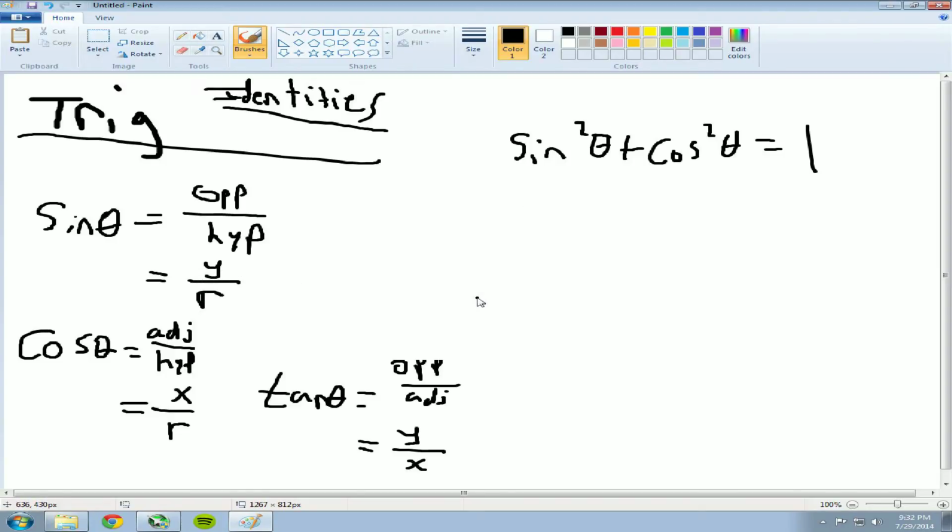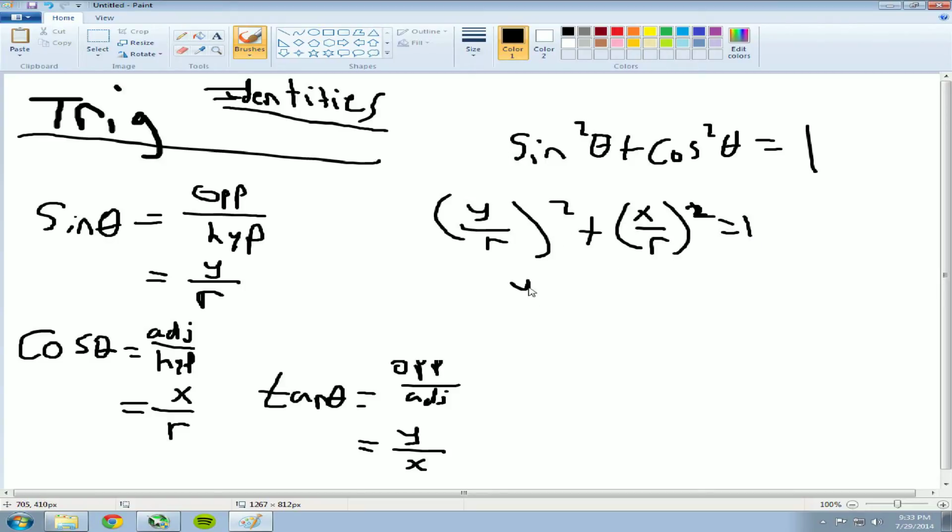Well, if we take sine theta, which is equal to y over r, squared, plus cosine theta, which is equal to x over r, squared, that equals 1.